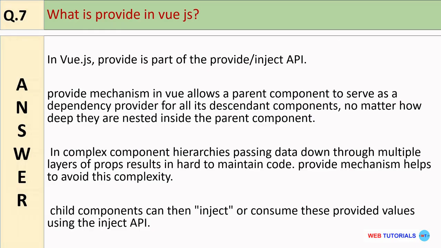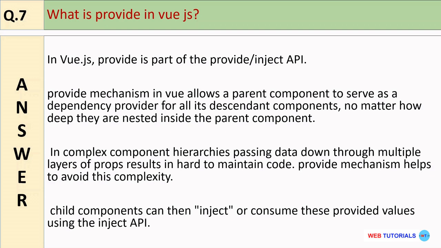What is provide in Vue.js? In Vue.js, provide is a part of the provide inject API. Provide is a mechanism in Vue that allows a parent component to serve as a dependency provider for all of its child components. It doesn't matter how deeply the child components are nested inside the parent component.